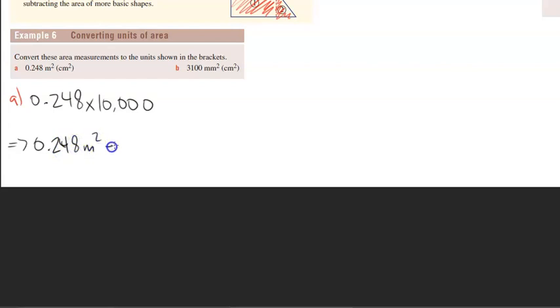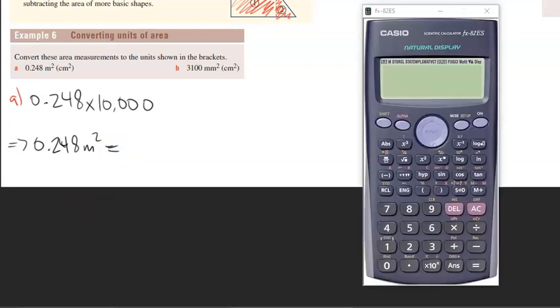So let's go get my calculator. Alright, here's a trusty calculator. 0.248 multiplied by 10,000, and this is equal to 2480.